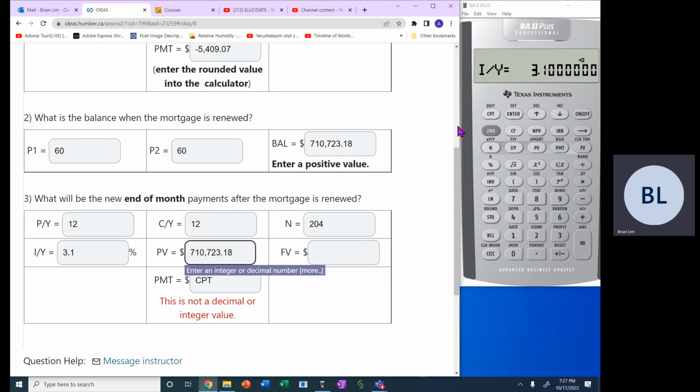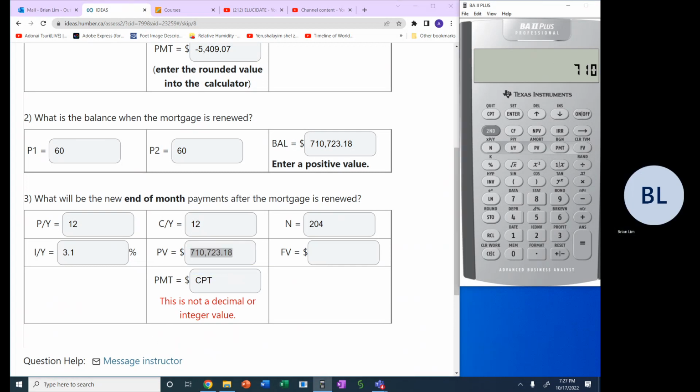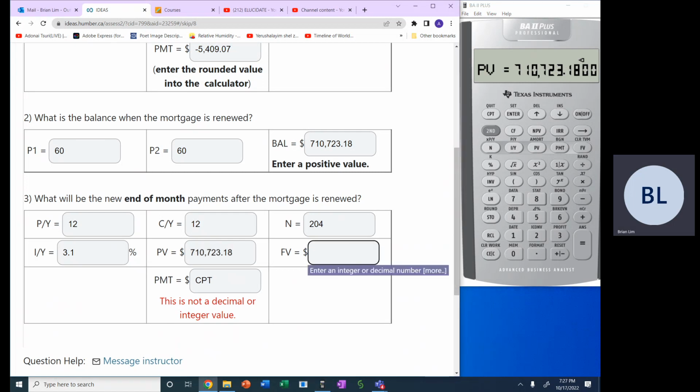The present value is right here, this number here, 710,723.18, and that is the present value. Now we would like to pay off the mortgage, so the future value should indeed be 0. And that should be 0 in there already. Let's see, recall the future value, and it is 0. So now we can compute the payment.